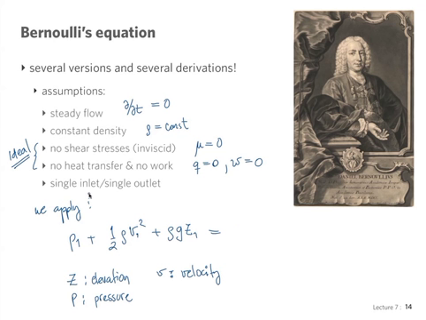So in one inlet, say 1, and one outlet 2, we would write P2 plus 1/2 rho V2 squared plus rho g Z2. So basically this is equal to a constant.